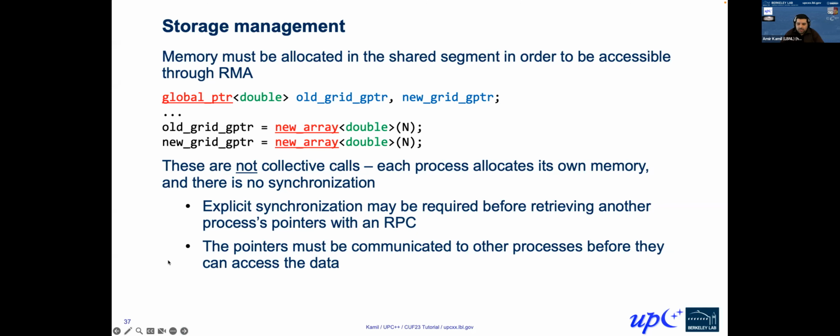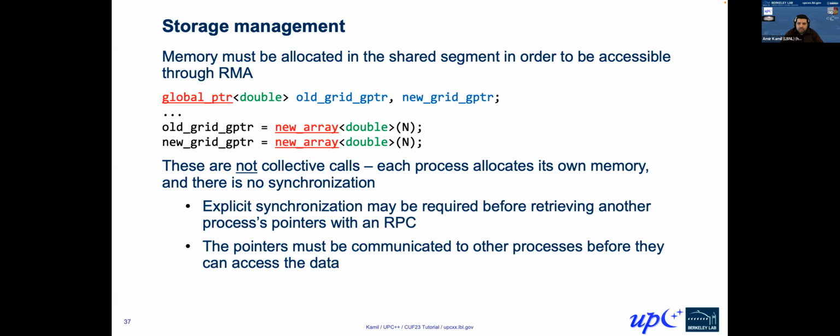A couple of things I want to mention about the specifics of this allocation. These aren't collective calls. Each process allocates its own memory, so each process individually does these allocations. There isn't any synchronization here.